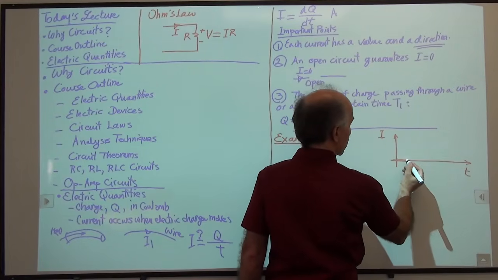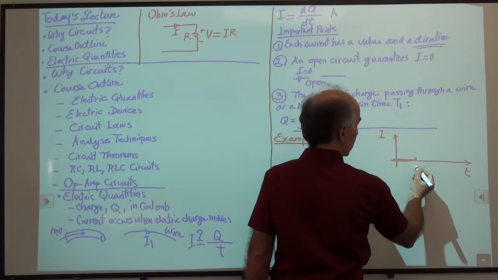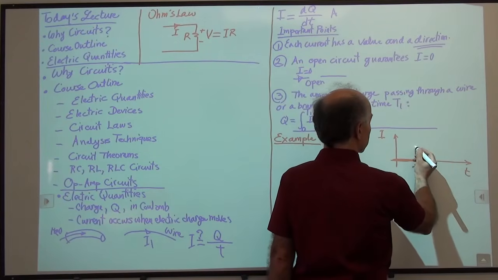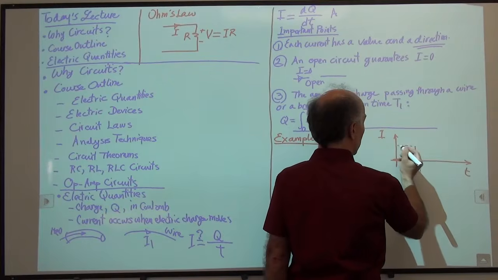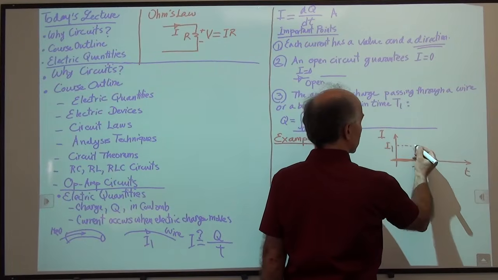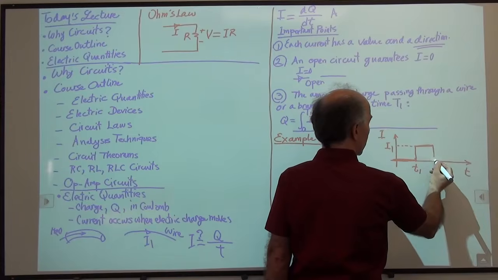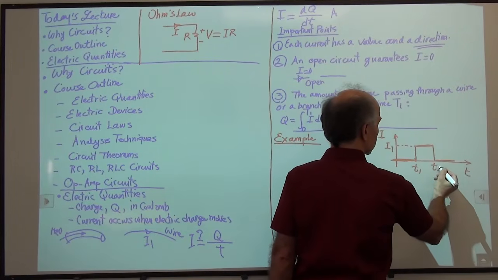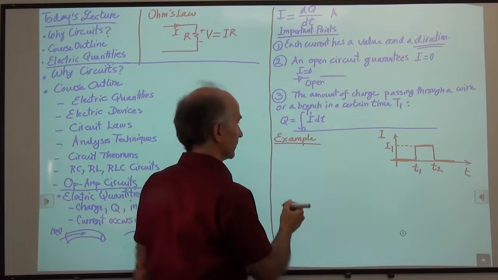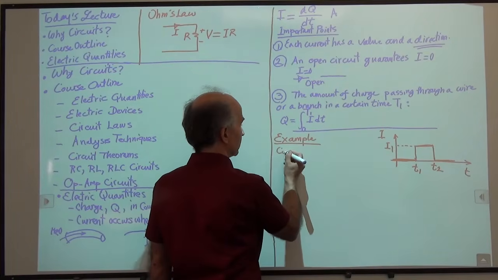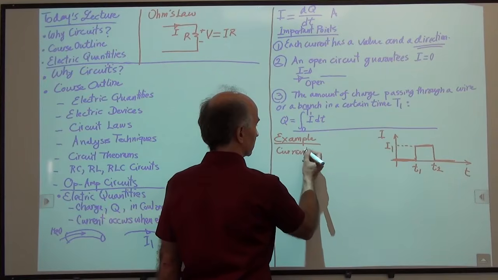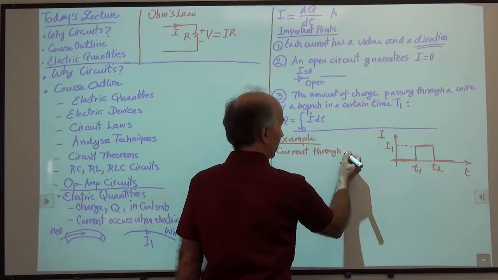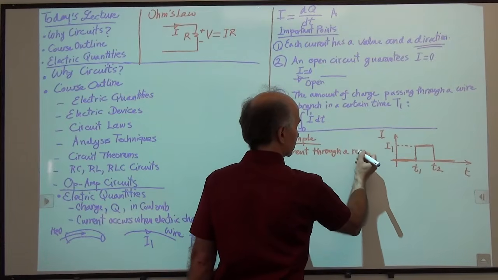We see that the current is 0 up to some time t1, and then it jumps to some value, which we call I1, stays at that value, then jumps back to 0 at time t2. Okay, so this is the current through a resistor.